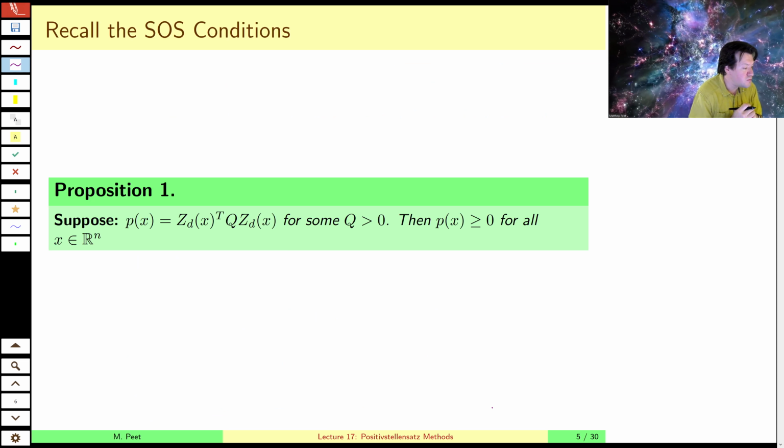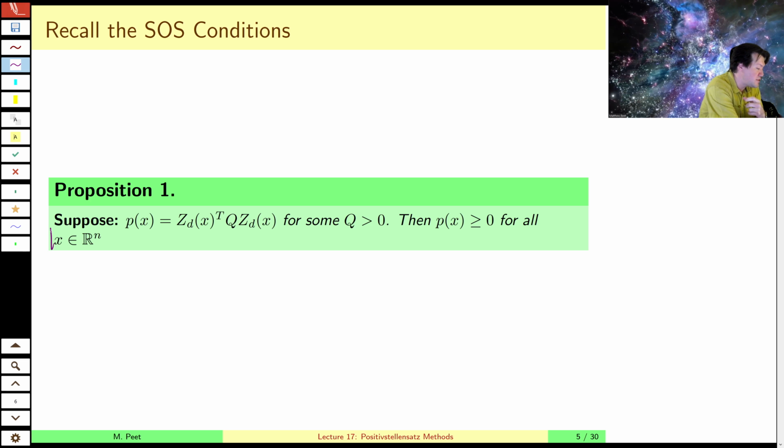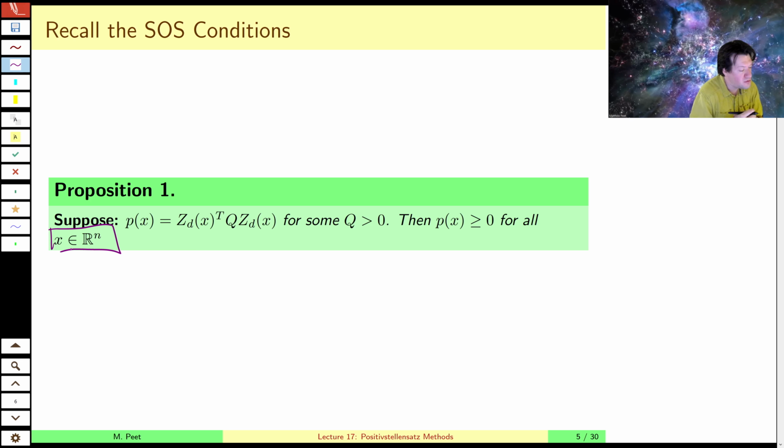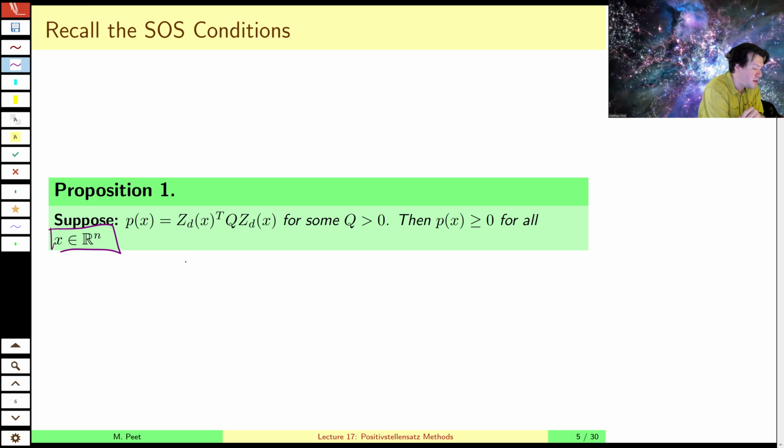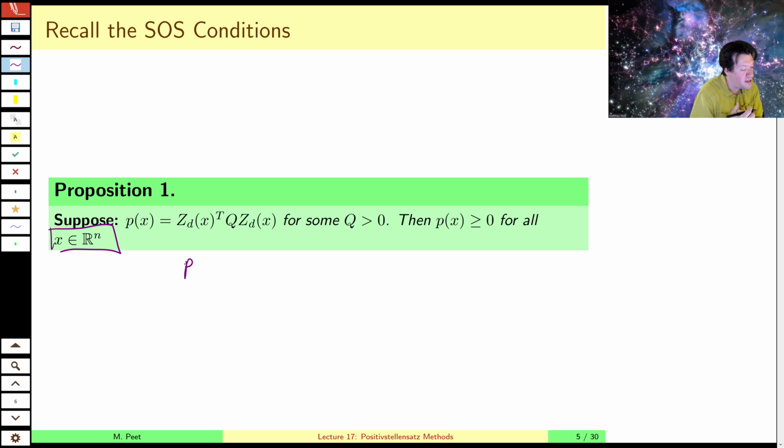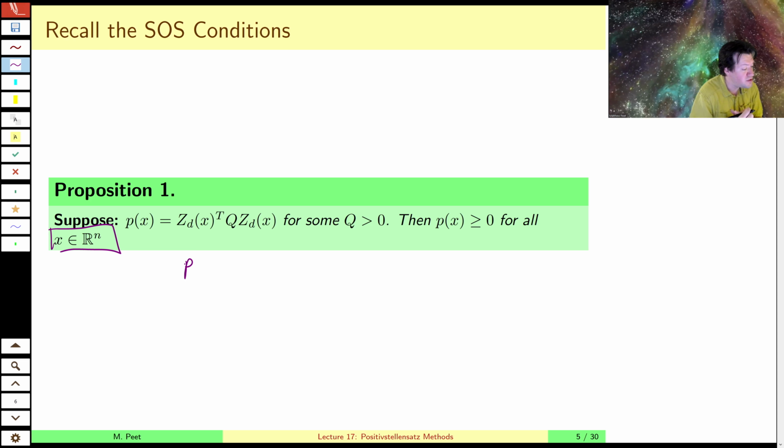So let's recall the results from the previous lecture. This considers a special case where our set is all real numbers. So how do we construct representations of this set? Certificates. We show that P is positive if we can use some kind of deductive reasoning to prove it is.